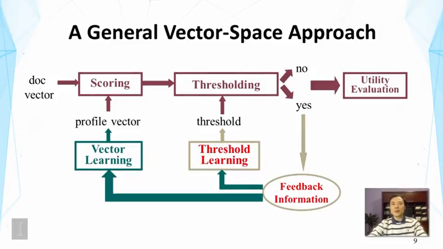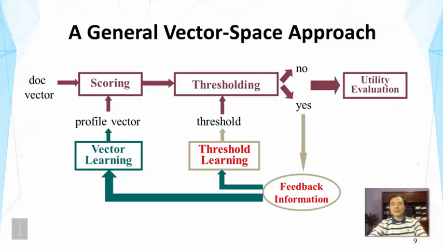So here's what the system might look like if we just generalize the vector space model for filtering problems. You can see the document vector could be fed into a scoring module, which already exists in a search engine that implements a vector space model. And the profile will be treated as a query, essentially. And then the profile vector can be matched with the document vector to generate a score.